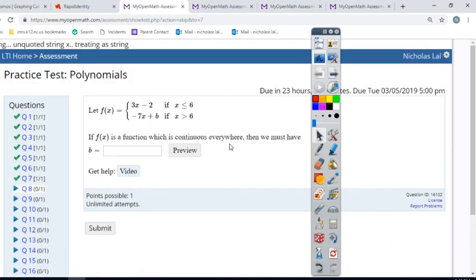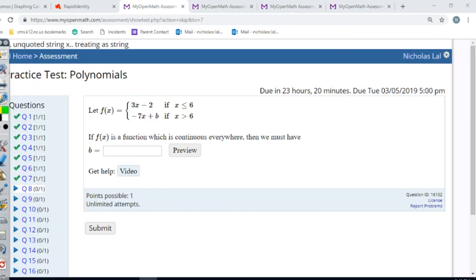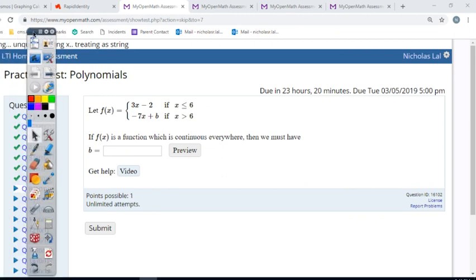Question 8. If f of x is a function which is continuous everywhere, then we must have b equal to what? In order to make a piecewise function continuous, the y values at the x value where the piecewise functions meet have to be equal to each other. So where do the functions meet? When x equals 6.